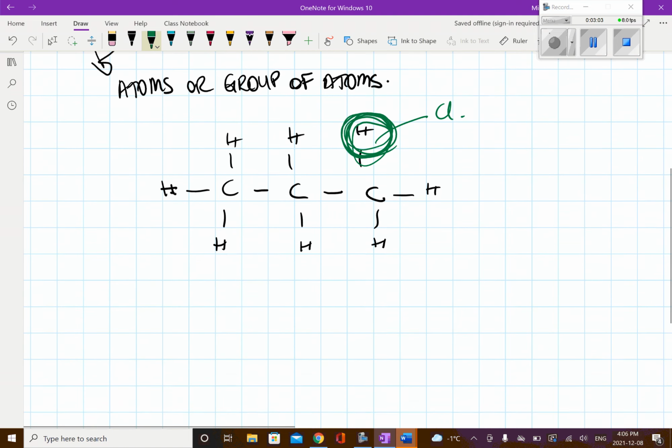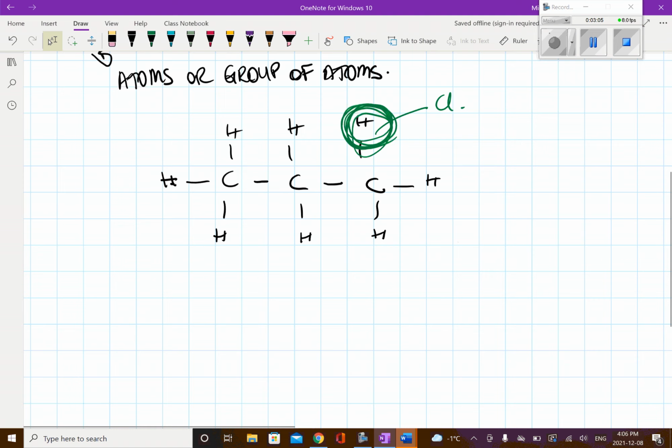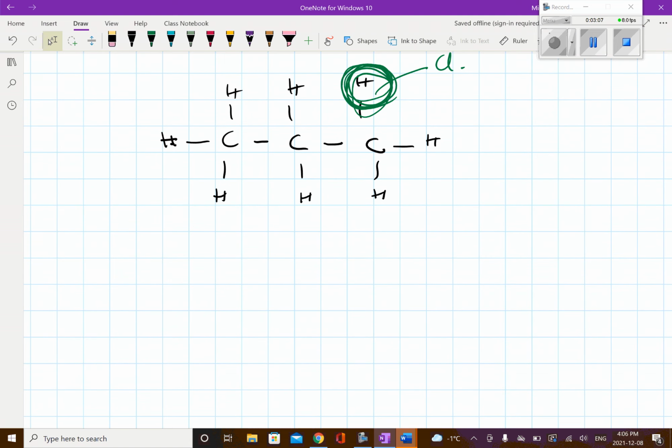When we substitute that, the hydrocarbon derivatives are known as the homologous series, and they differ from each other only by the number of CH2.